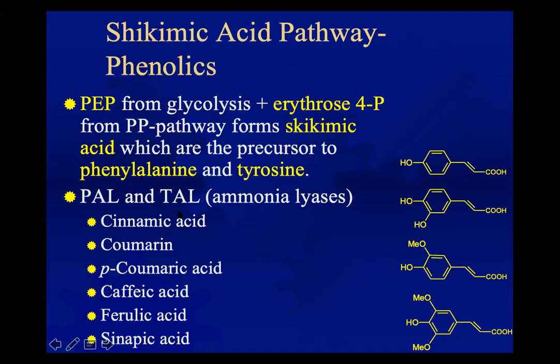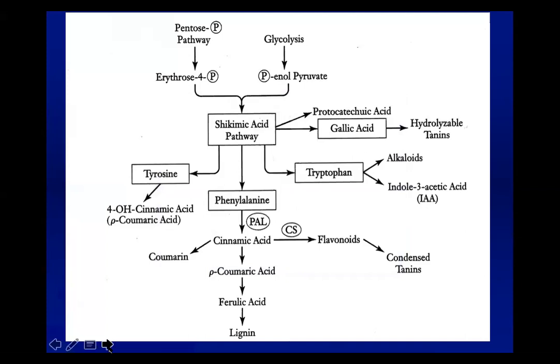So these are the phenolic compounds, and from these, lots of phenolic compounds are produced. Shikimic acid pathway is the main pathway for the biosynthesis of phenolic compounds, especially in the plant cell.